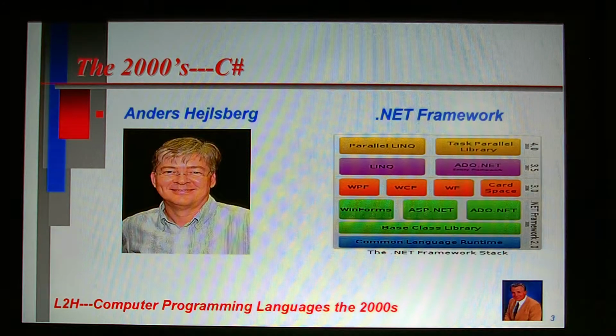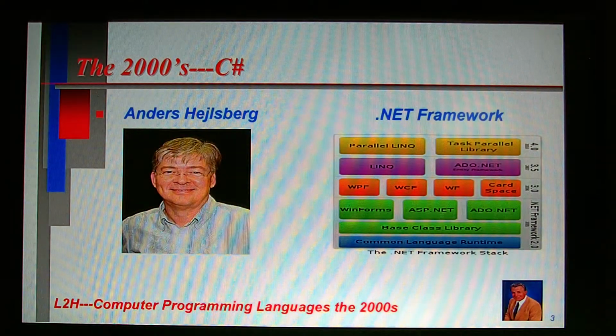Little known, Hejlsberg, the C# principal designer, was also involved with Borland Corporation, where he developed Turbo Pascal, Delphi and the Visual J++ computer programming languages. Based on this experience, Hejlsberg recognized flaws in the major computer programming languages of the day, namely C++, Java, Delphi, and Smalltalk.